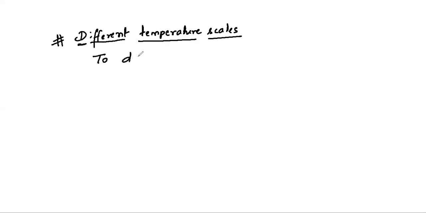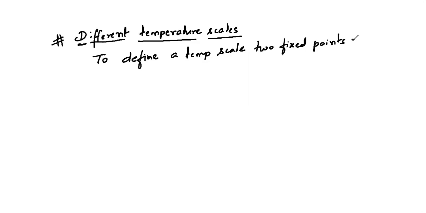So the steam point and ice point are basically about water, because water has a steam point and an ice point, right? So to define a temperature scale, two fixed points are specified.